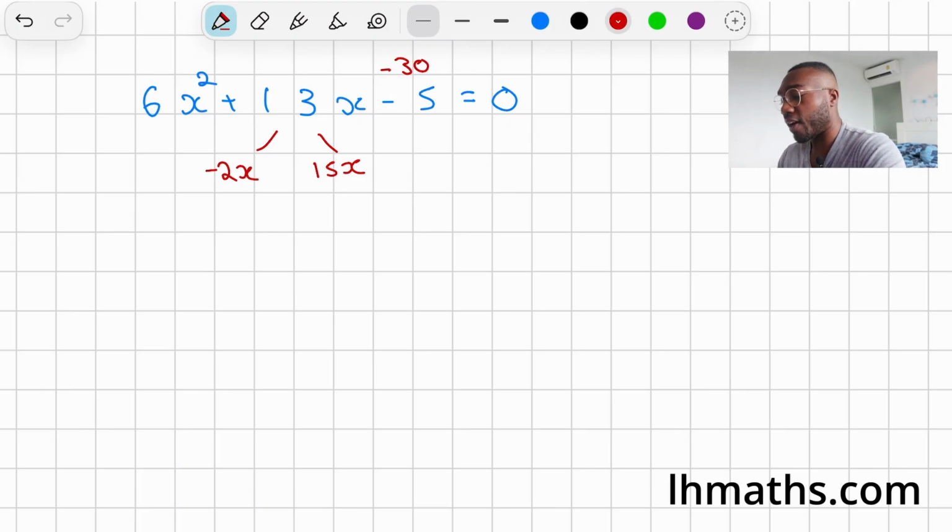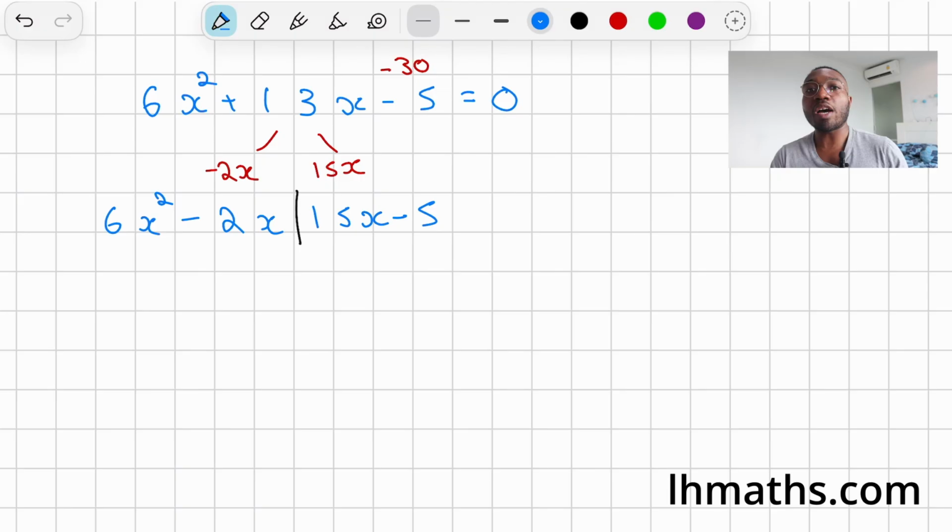So now we have this. Now we want to factorize these two things separately. So if we have 6x squared minus 2x, and then I'll do a little bridge in the middle, and then we have 15x minus 5. So now I want to factorize these two things separately. If we factorize 6x squared minus 2x, then a 2x would come out of that.